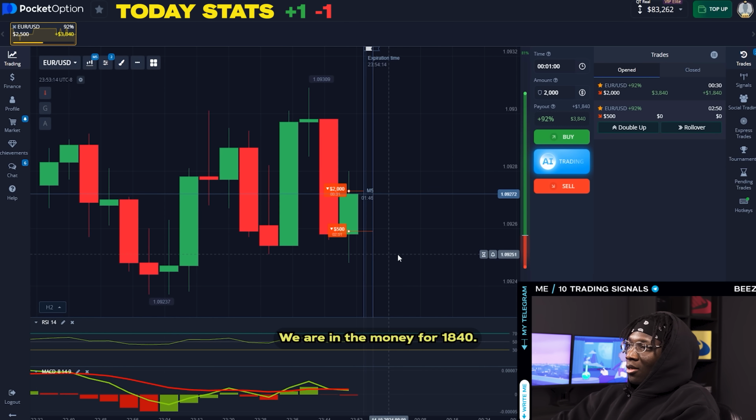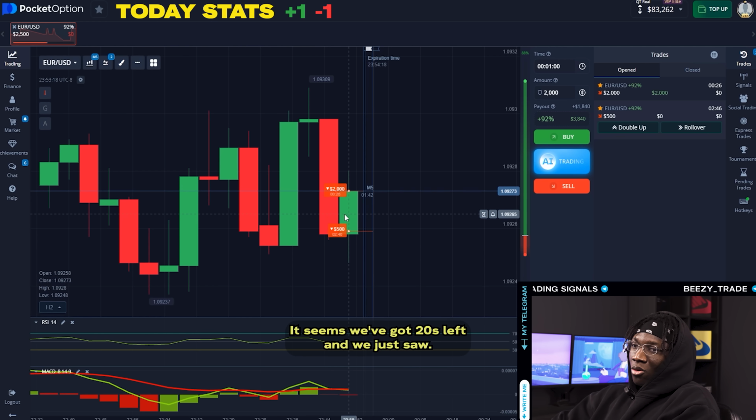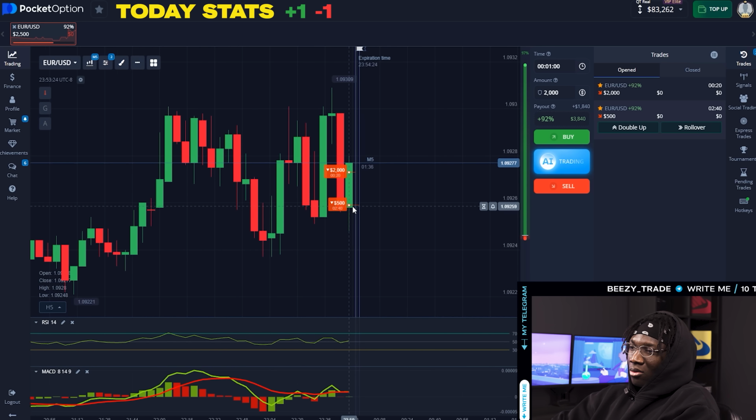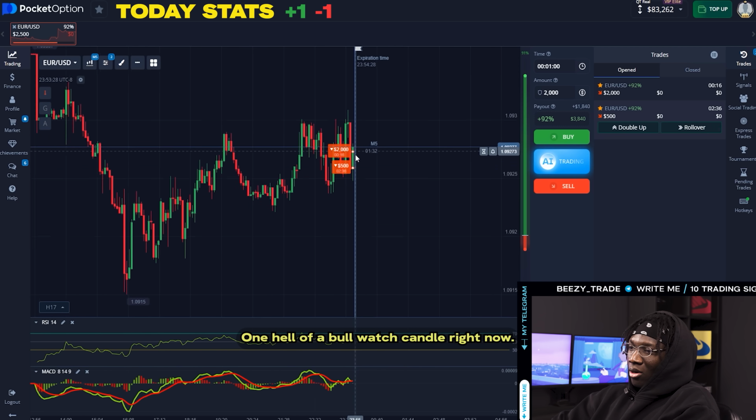We are in the money for 1840, it seems, but we've got 20 seconds left, and we just saw a hell of a bullish candle right now. One hell of a bullish candle right now.